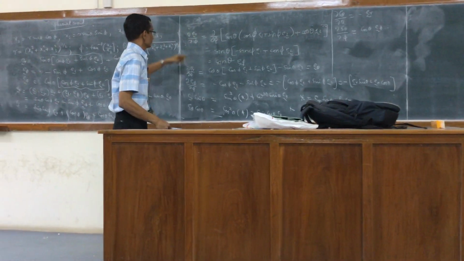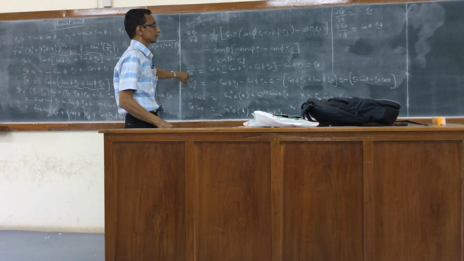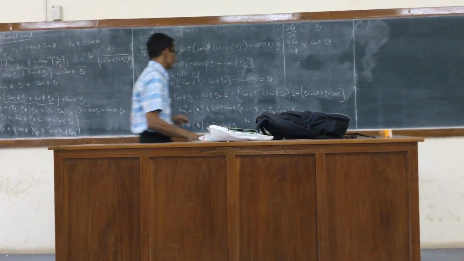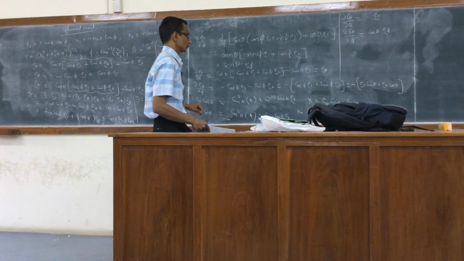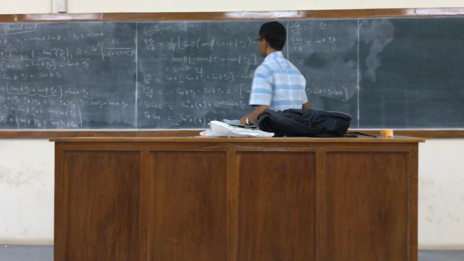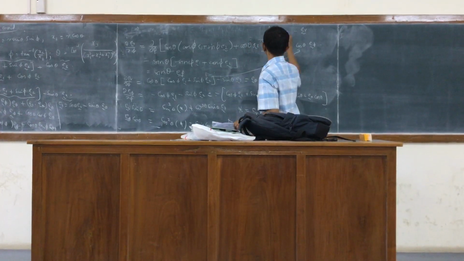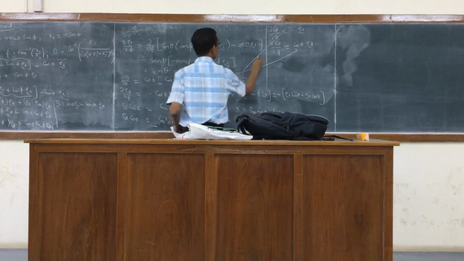So possibly there is a relation here. ER by d theta is E theta, E theta by d theta is minus ER. So possibly some similarity between this and this and this.